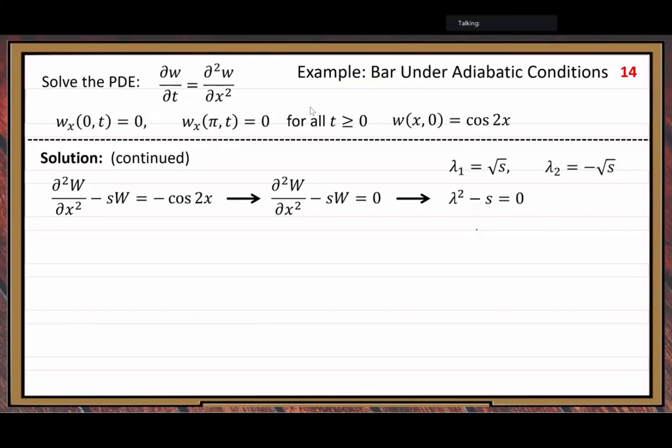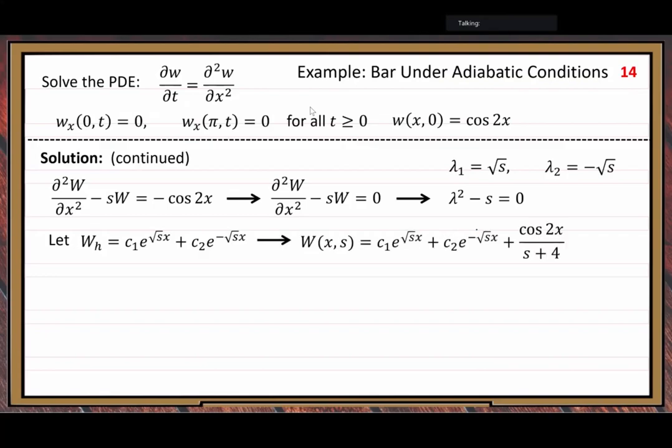Then let's write the general solution W_H, C1 times one function and C2 times the other. Now we can write capital W(x, s) as the general part, the H part, and the P part.